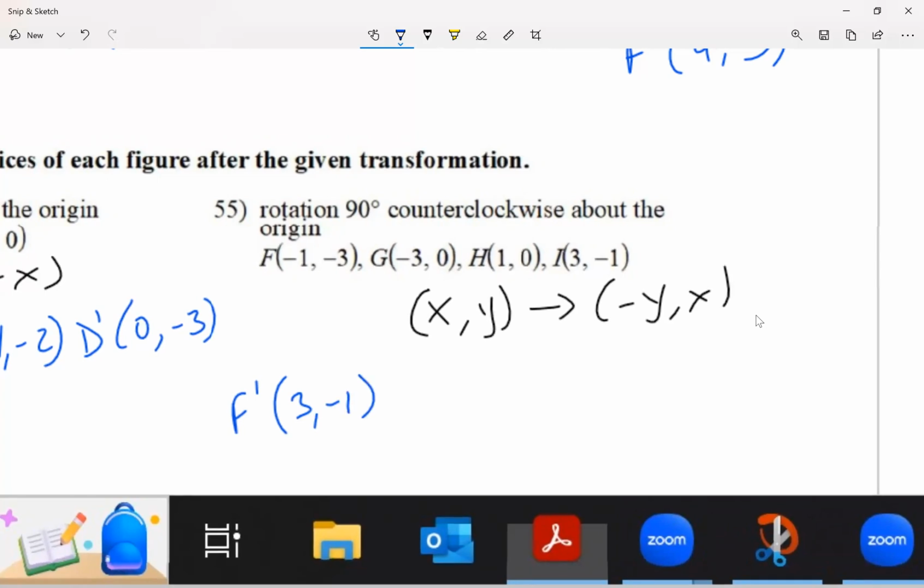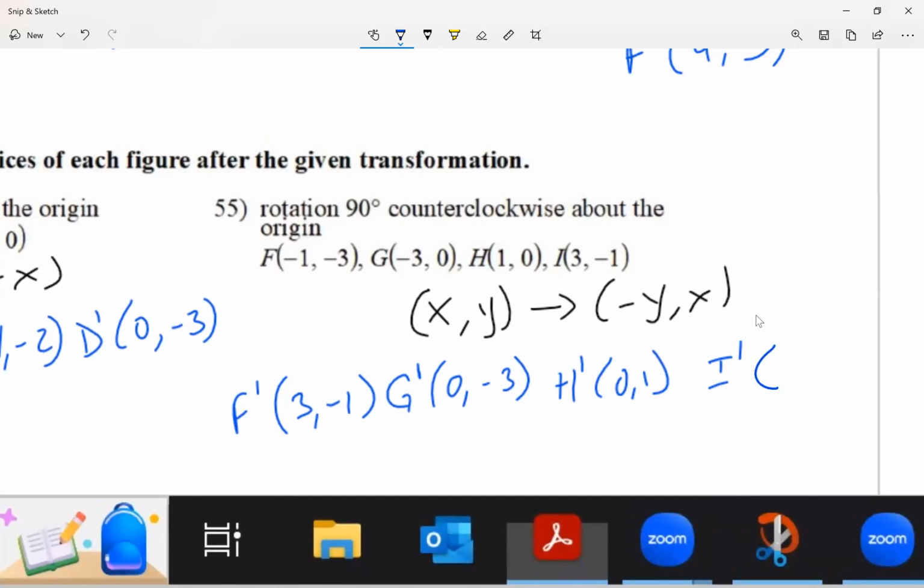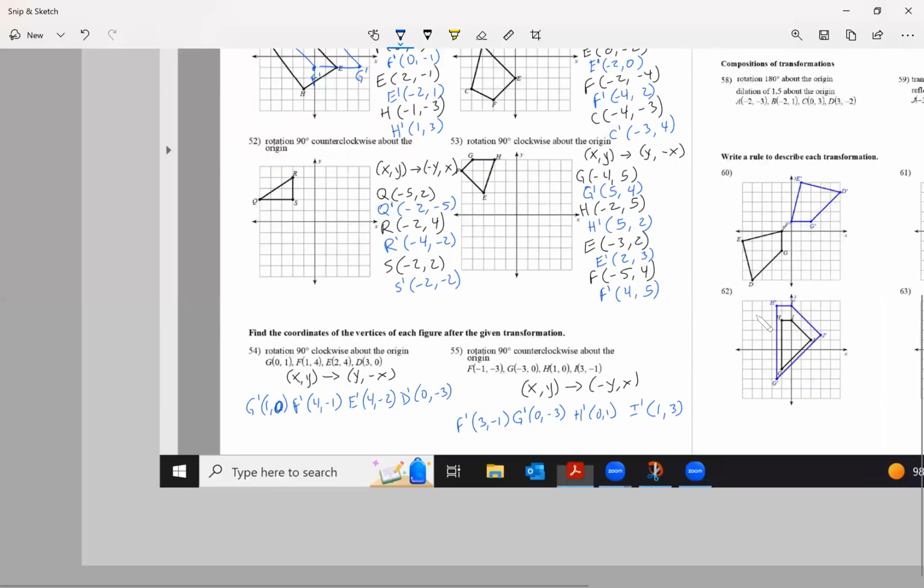Notice I switched the sign on the 3. G prime, there's no such thing as a -0, so I'm going to call this (0, -3). My H prime will become (0, 1). And lastly, my I prime becomes (1, 3). That's not bad. So there you guys can see what we did today.